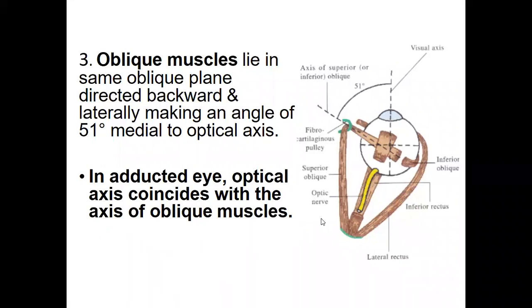So in the adducted eye, the optical axis coincides with the axis of the oblique muscle. So when the eye is adducted, this anterior pole of the eyeball will be directed towards this axis.